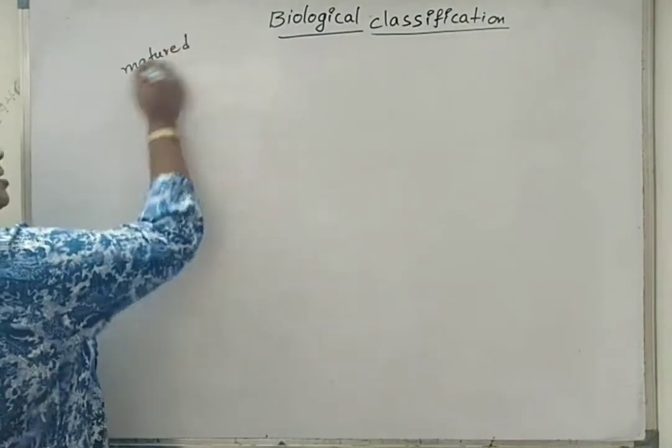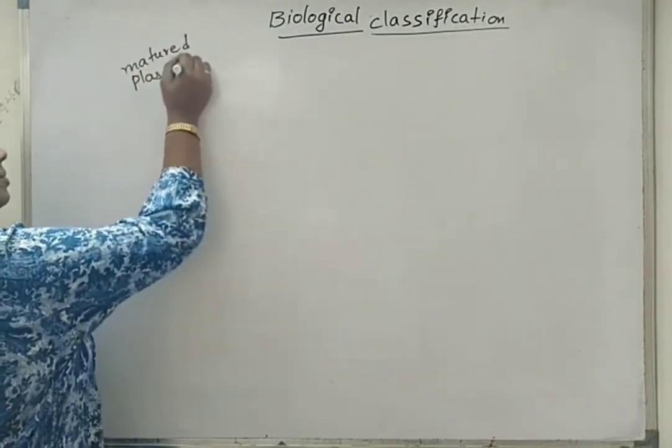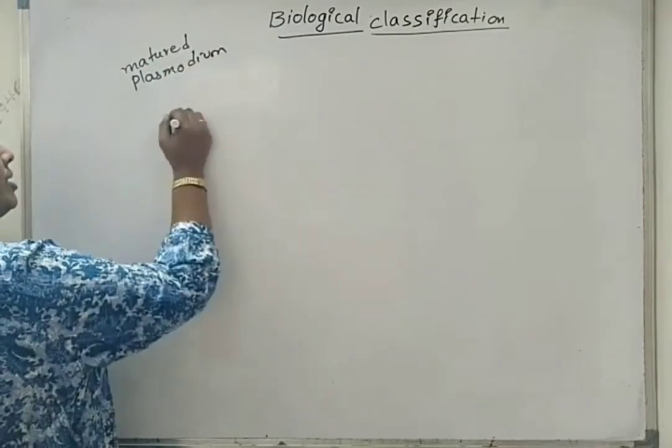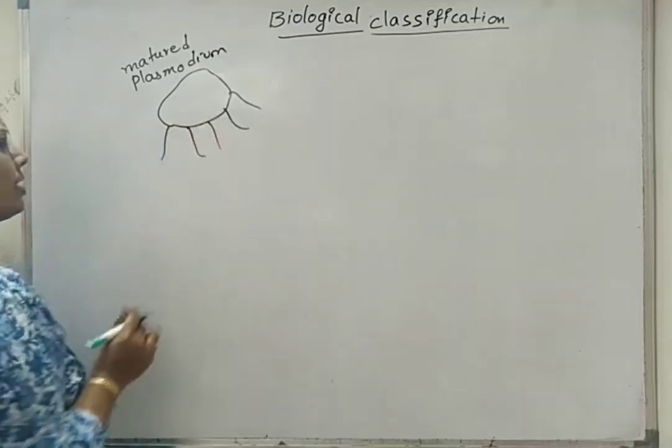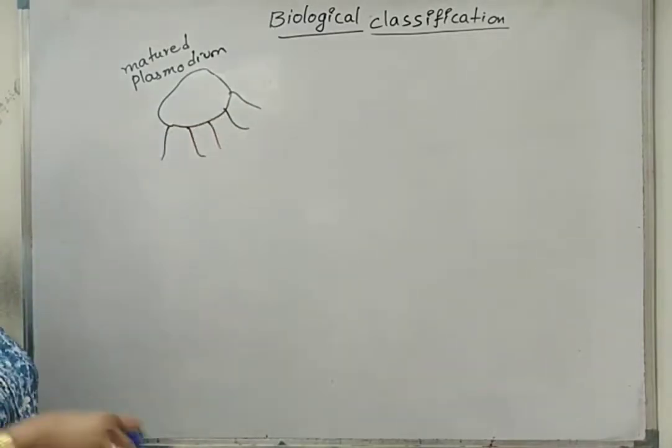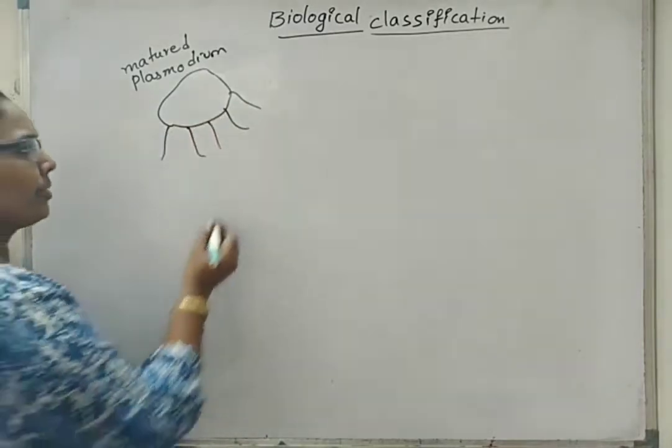So the matured plasmodium has roughly a structure with root-like structures firmly fixed into the substratum.